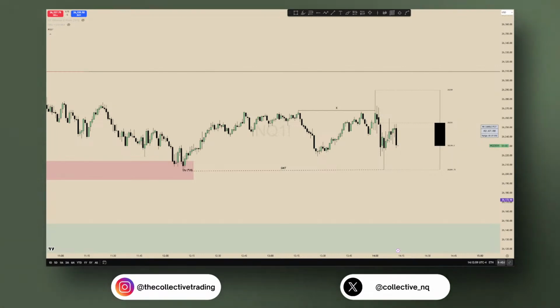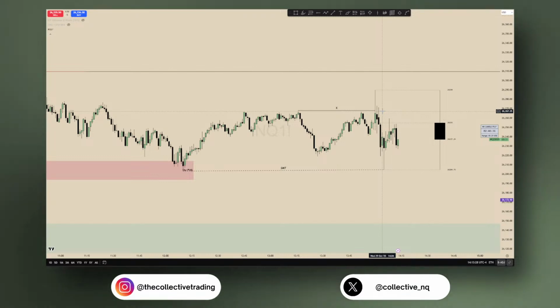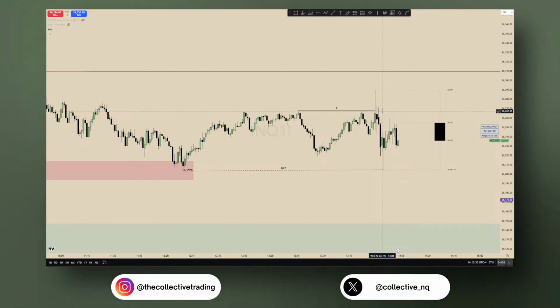Here we go. All right, YM's getting a good reaction off of that 15-minute BPR. Now, I am relatively convinced that the high that we just put in most likely stays as the high for this 4-hour candle.